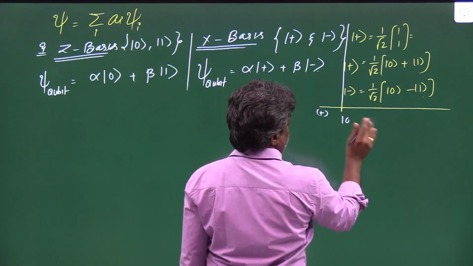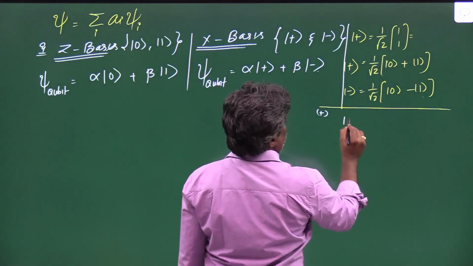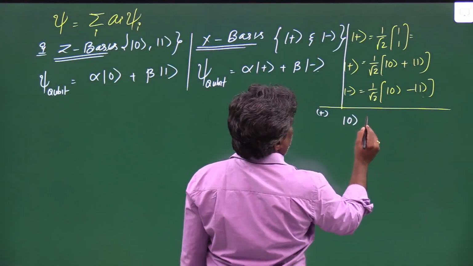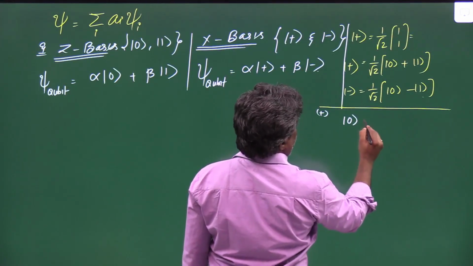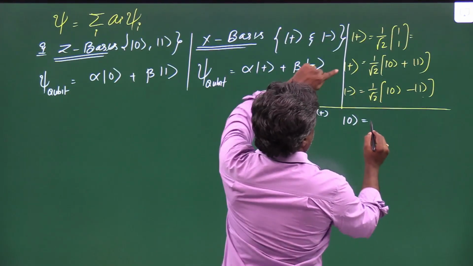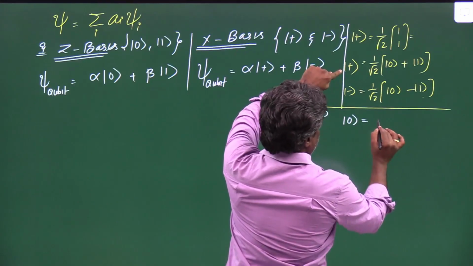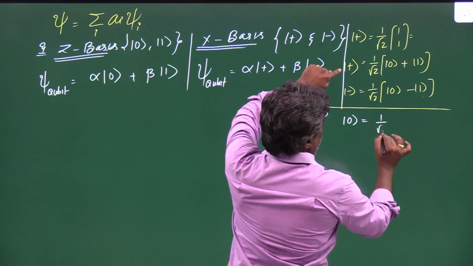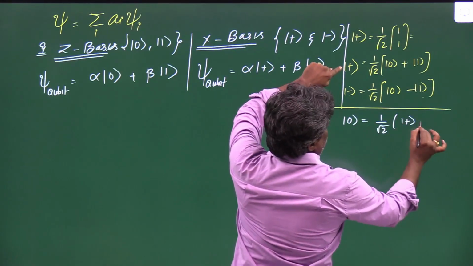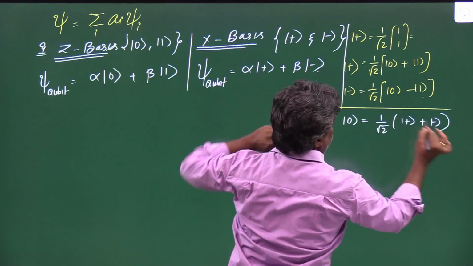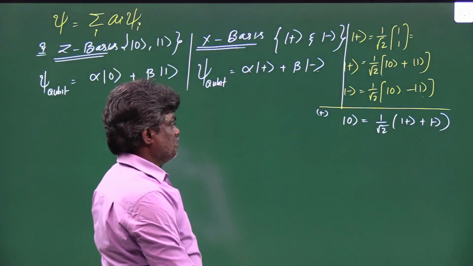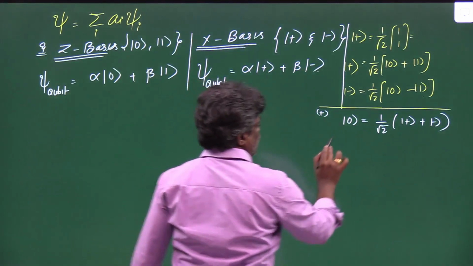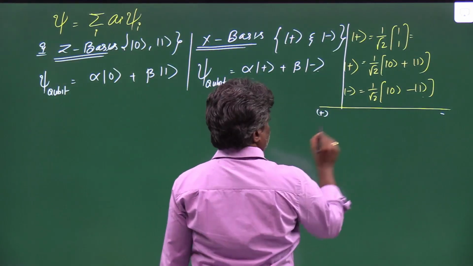Then ket 0 is nothing but 1 by root 2 times (ket plus plus ket minus). Check. This is clear, sir.